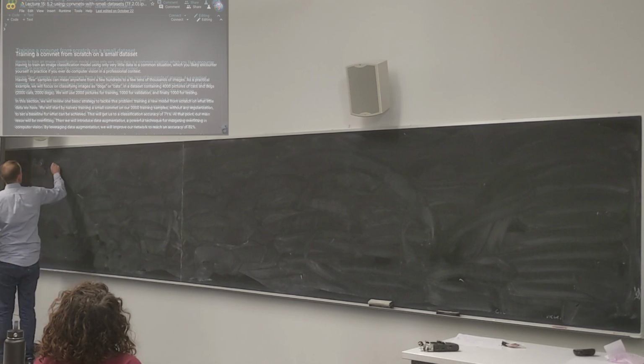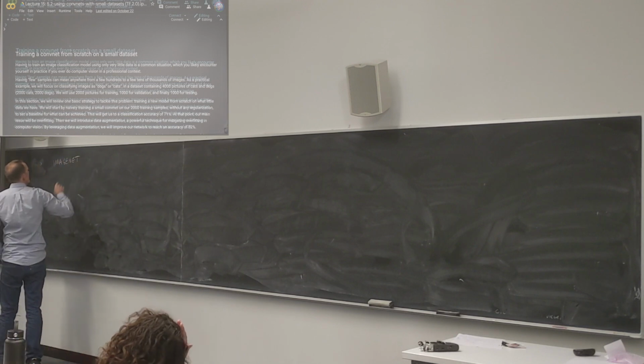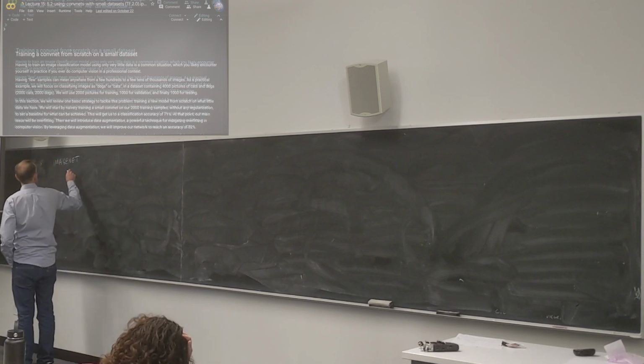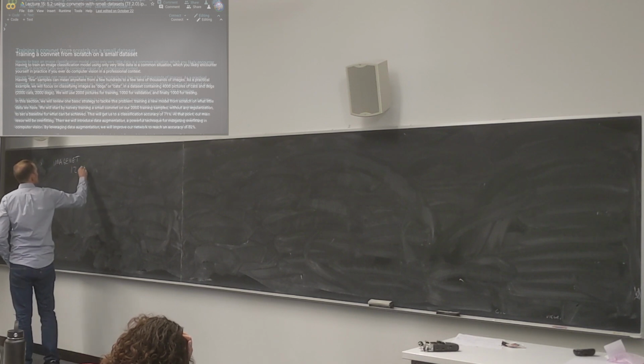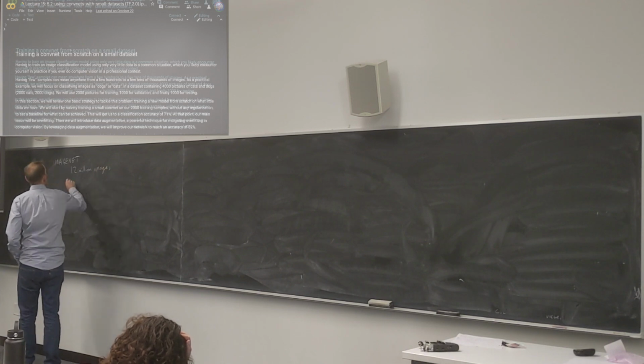If you have a large data set, let's look at a large data set, like ImageNet. So ImageNet is a data set of, I believe, 1.2 million images in 1,000 categories.